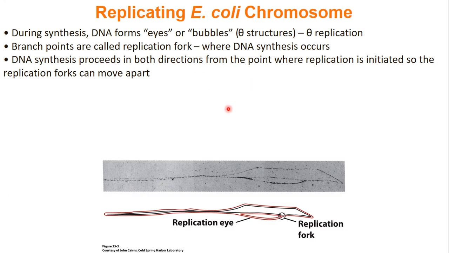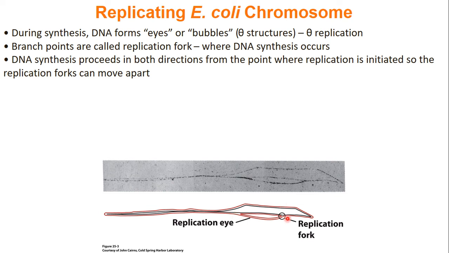Now we're going to start with E. coli replication because it's a lot easier to think about than eukaryotic replication. And during synthesis, you have eyes or bubbles being formed, and these are called theta structures, theta replication, and they kind of look like a theta. And at each branch point, you have two of these, here is a replication fork.